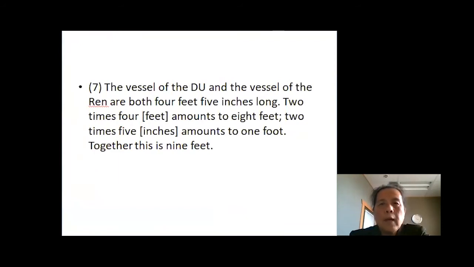Then also talking about Du meridian and Ren meridian. They are both 4 feet 5 inch, 4.5 尺.